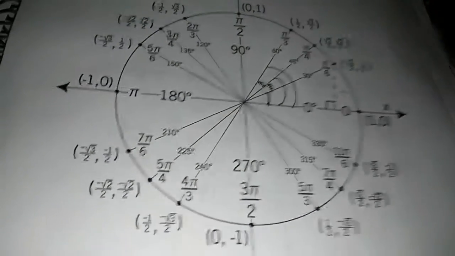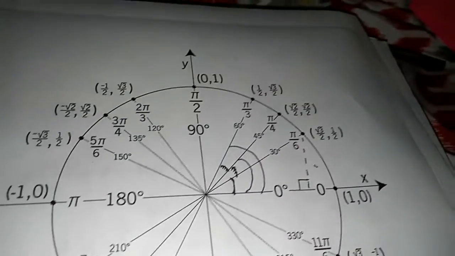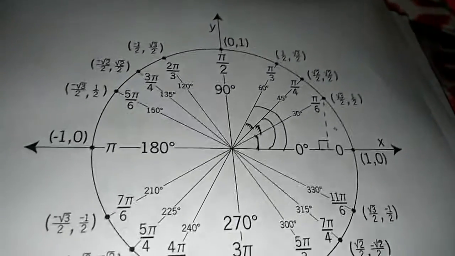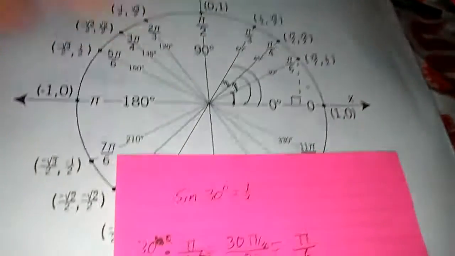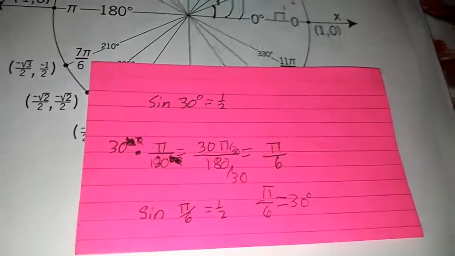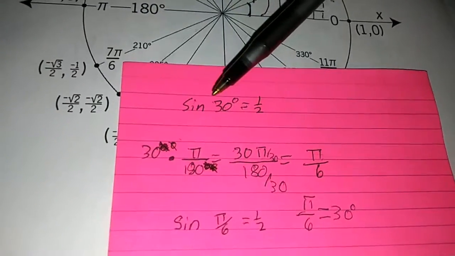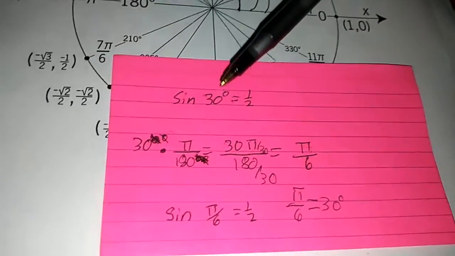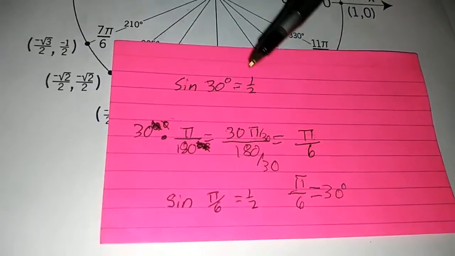So, for example, the sine of 30 degrees equals 1 half.